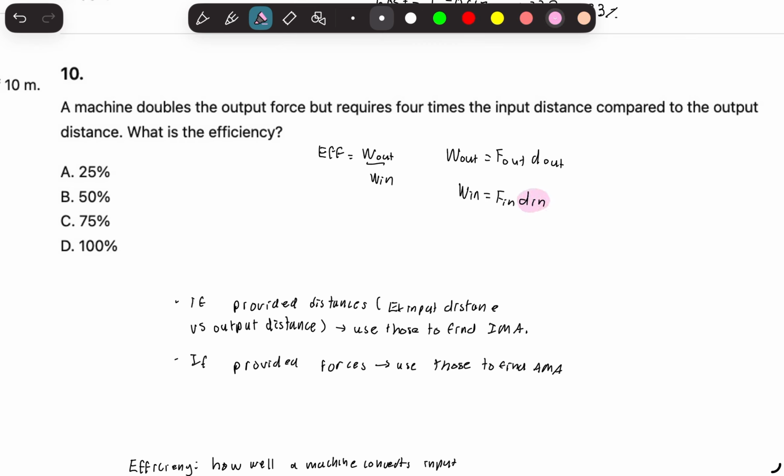So D in is equal to 4 D out, and our F out is equal to 2 F in.